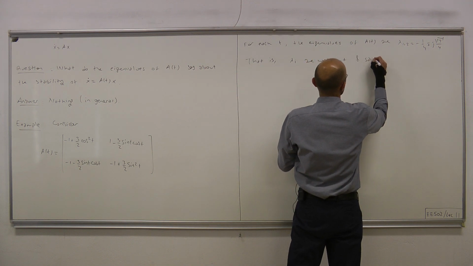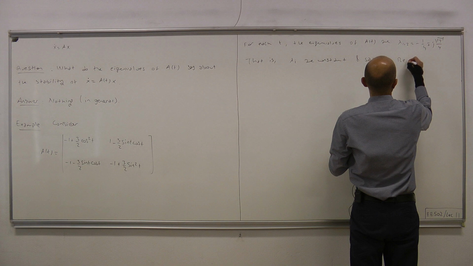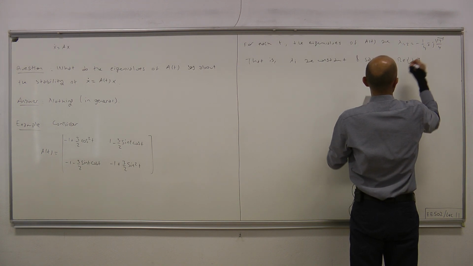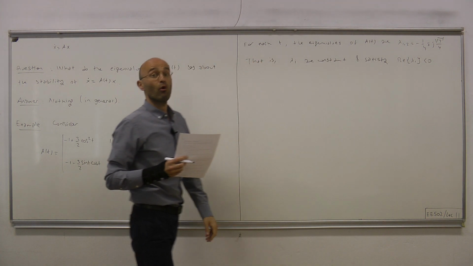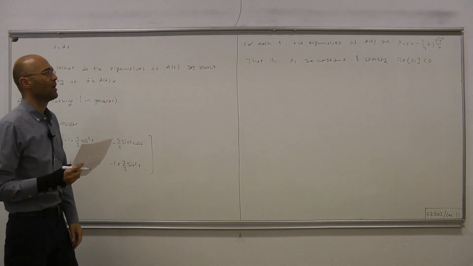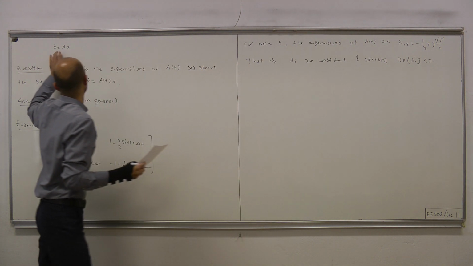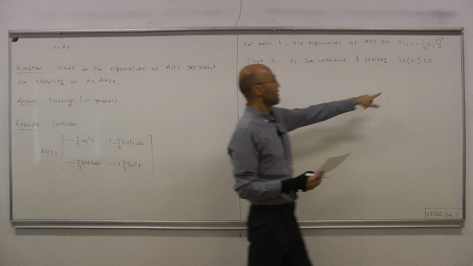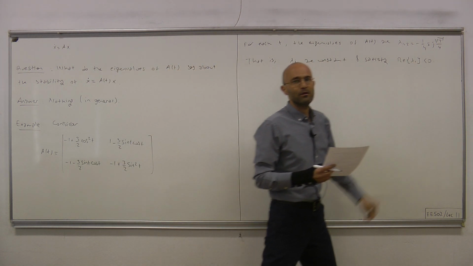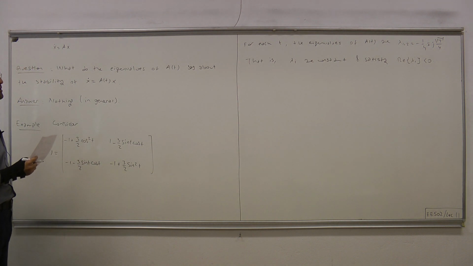That is, real part of lambda i for both eigenvalues 1 and 2 is strictly negative. Note that for an LTI system, x dot equals Ax, this condition automatically implies exponential stability of the origin.